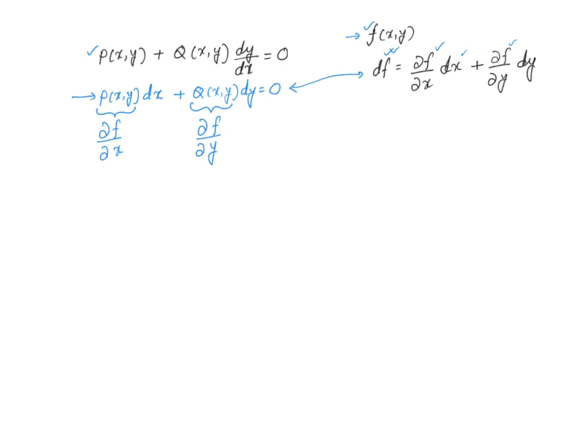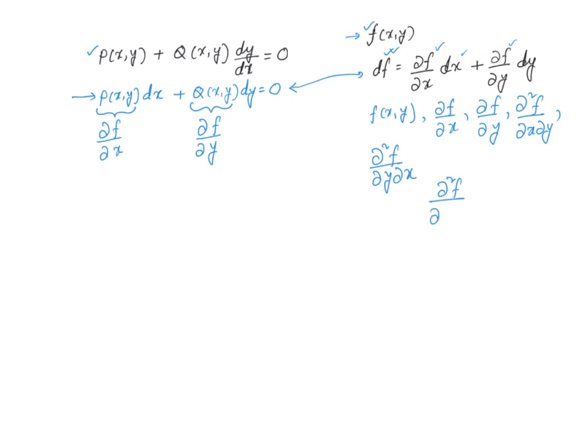From your knowledge of multivariate calculus, you know that if you have a function f of x comma y and its partial derivatives del f over del x, del f over del y, del square f del x del y, and del square f del y del x, if all of these are continuous in some open region, it could be an open circle or an open rectangular region, we can safely assume that del square f del y del x is equal to del square f del x del y.